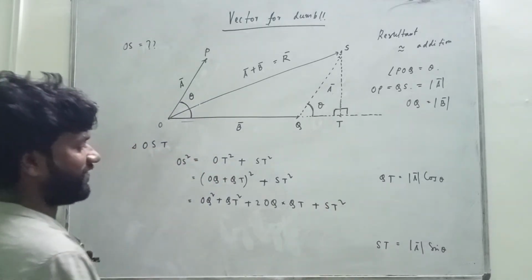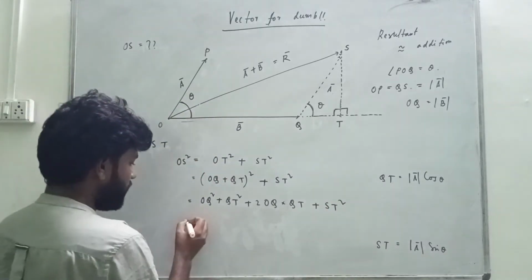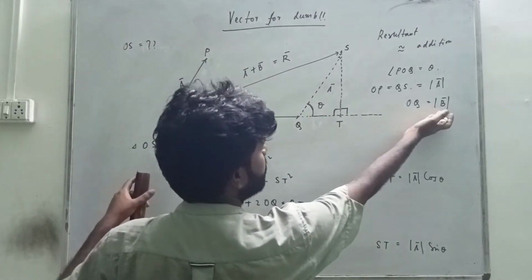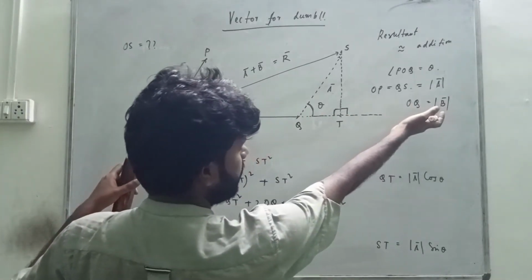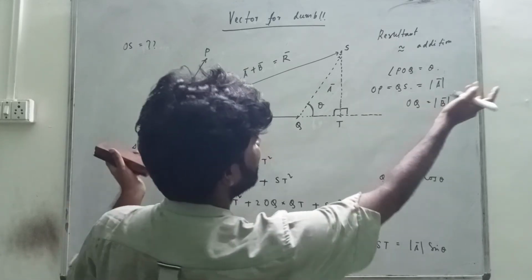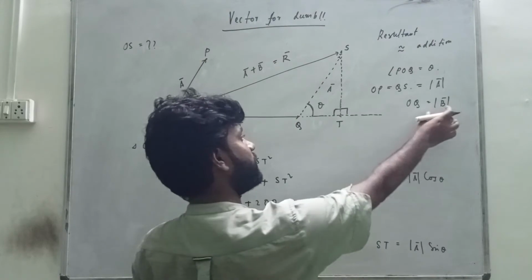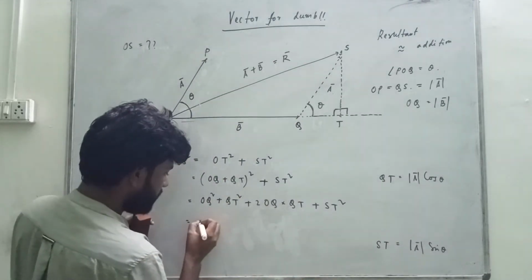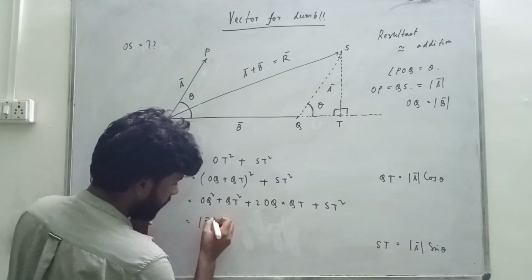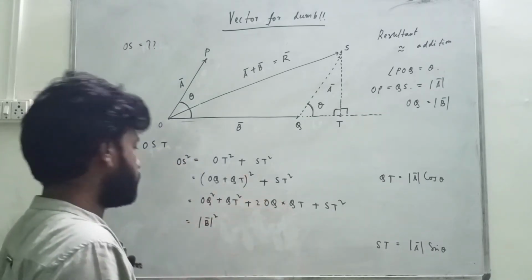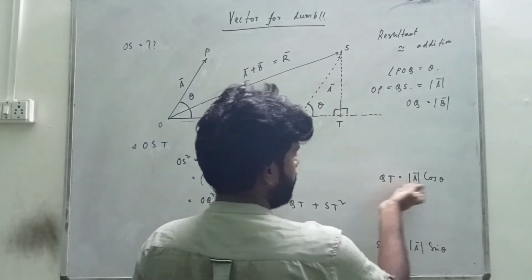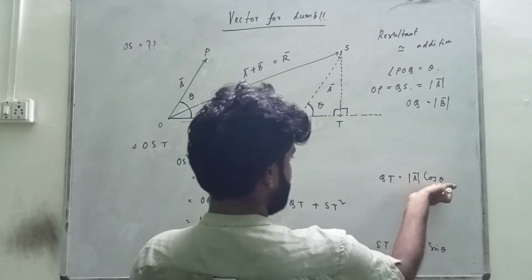Now what is OQ actually? OQ means here the length of B, the magnitude of B, I mean the modulus of B. So OQ squared is the modulus of B whole squared, plus QT squared, where QT is modulus of A times cos theta.